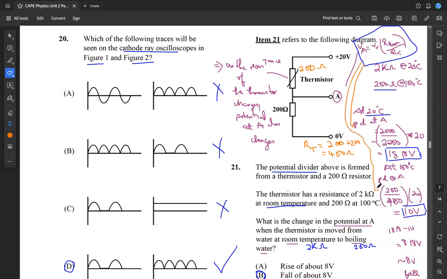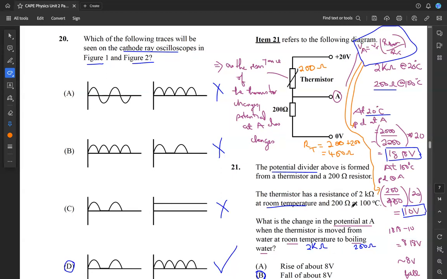So here we are, guys. All right, so this is my formula. Remember now, the total voltage coming in is 20. So I put my 20 here, and then I multiply that by the resistance of the thermistor, which is now 200, divided by the total resistance, which is now 400. So see it here, 200 divided by 400 times 20, I get 10 volts, right?